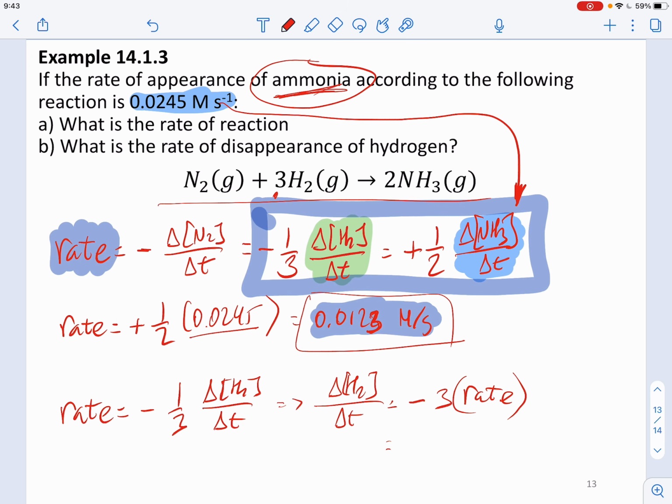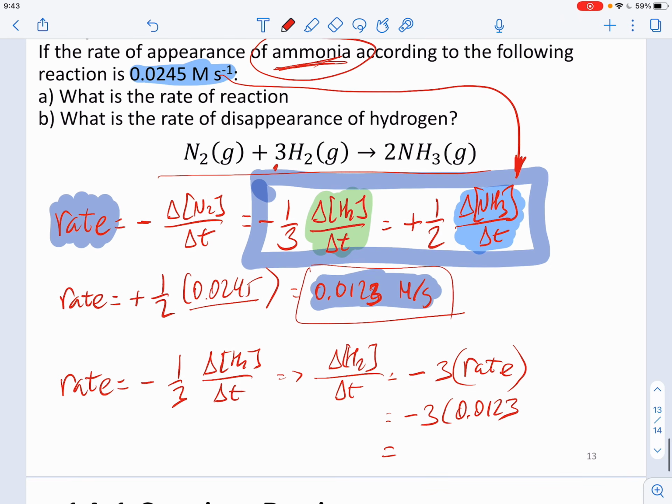So this is equal to minus 3 times 0.0123, which is equal to minus 0.0369 molar per second.